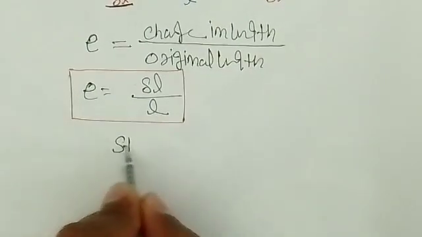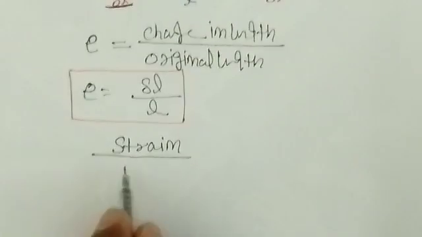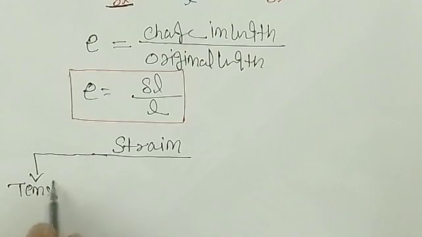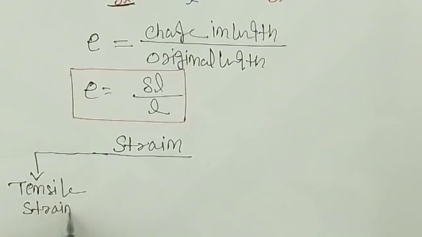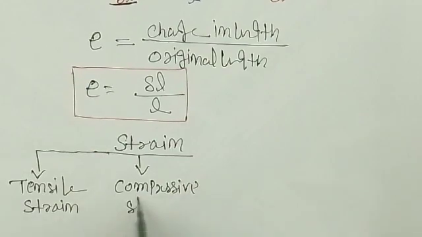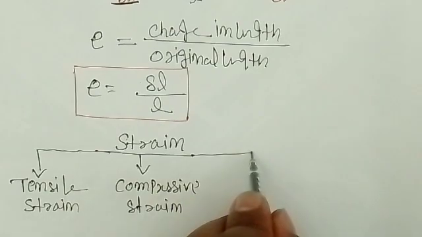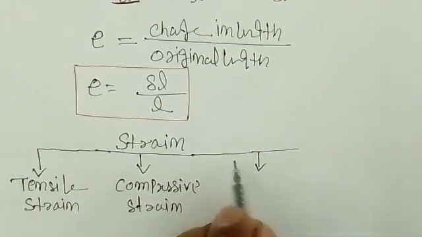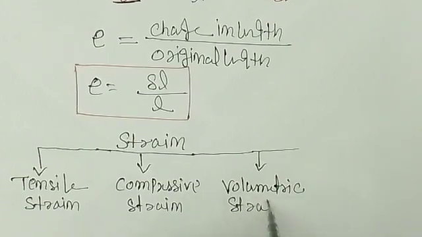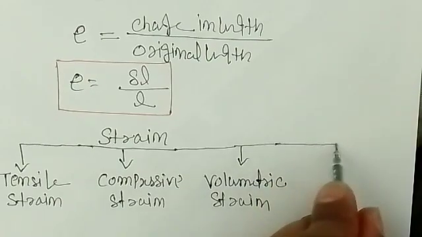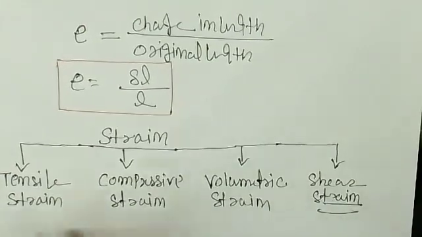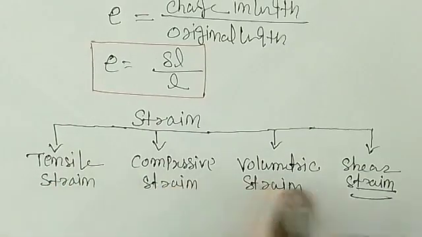So here you can write strain, and classify them: the first is the tensile strain, the second is the compressive strain, the third is the volumetric strain, and finally the fourth is the shear strain. So four types of strain we have: tensile, compressive, volumetric and shear strain.